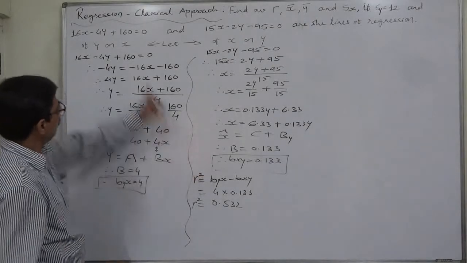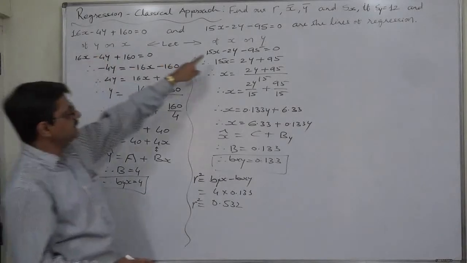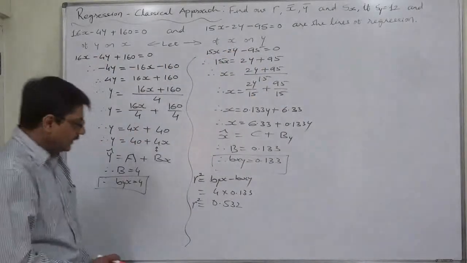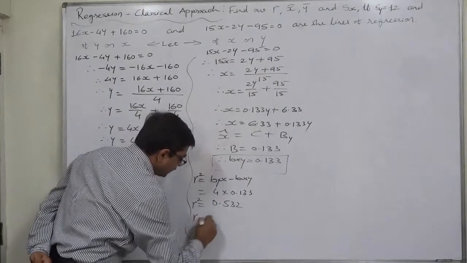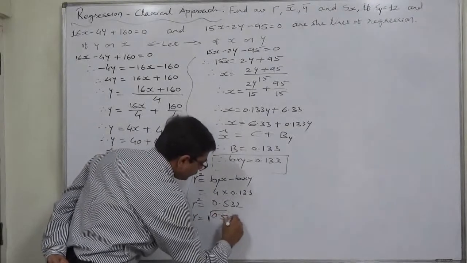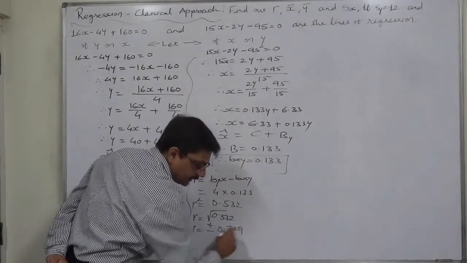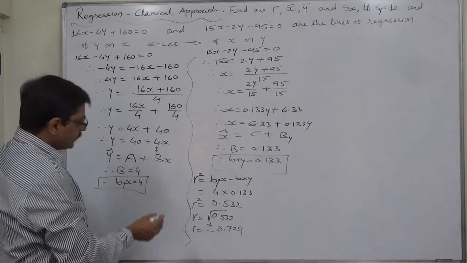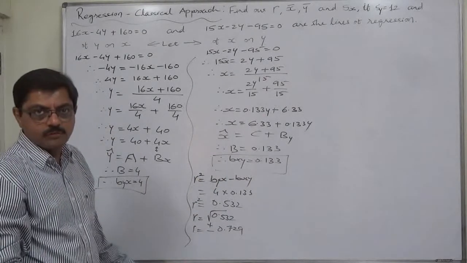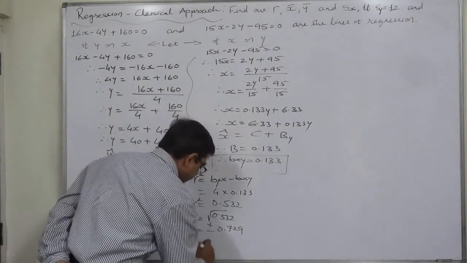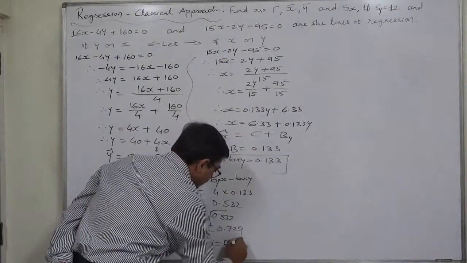So our assumption of taking the first line as y on x and the second as x on y is correct. To get the coefficient of correlation, we take the square root of 0.532, which is plus or minus 0.729. It must be positive because the two coefficients of regression are positive. That means the coefficient of correlation for this data is 0.729.